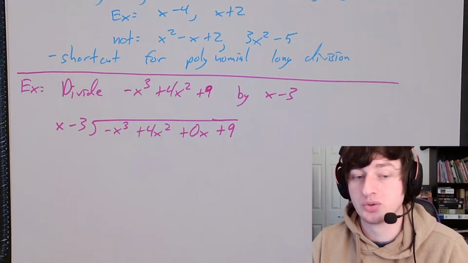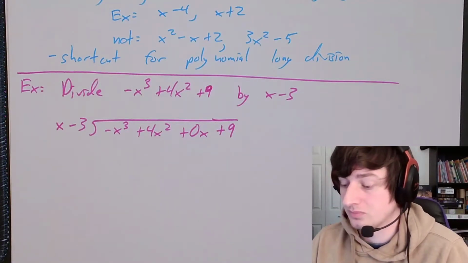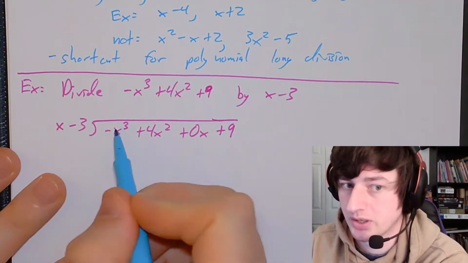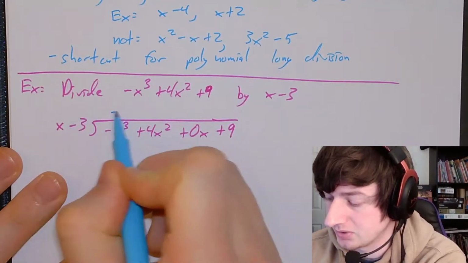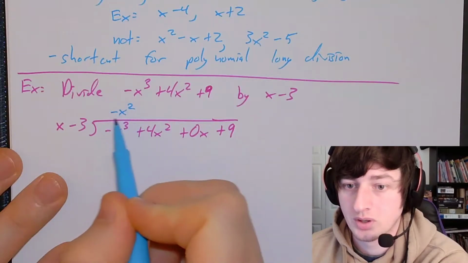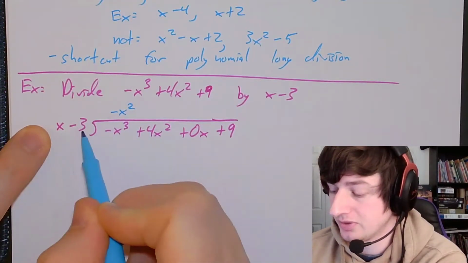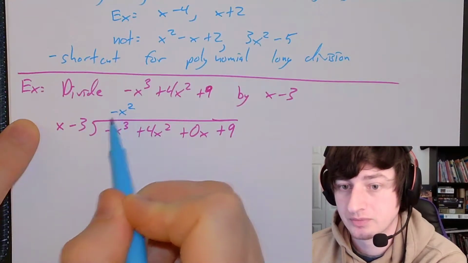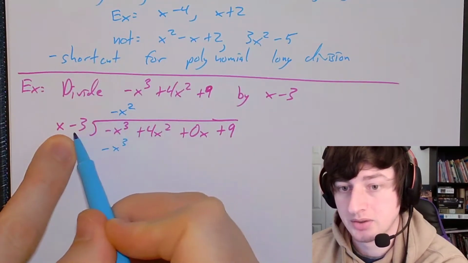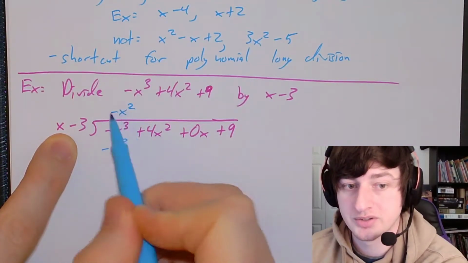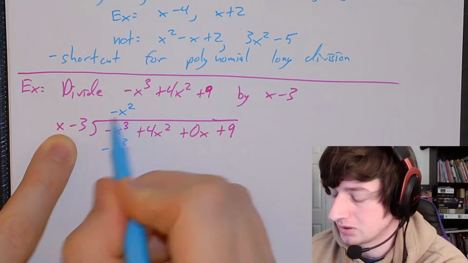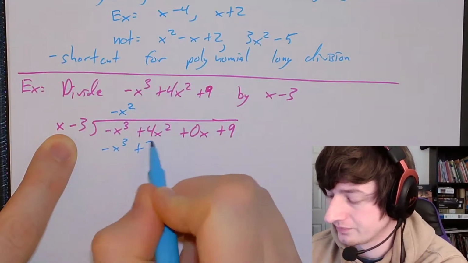The first thing we do is we divide this number. In synthetic division we're not going to do that part, but it's going to be negative x squared. Then we multiply both of these by this number. So we get negative x cubed, and then we multiply the negative 3 by the negative 1 in front of the x squared, and we write it here: plus 3x squared.